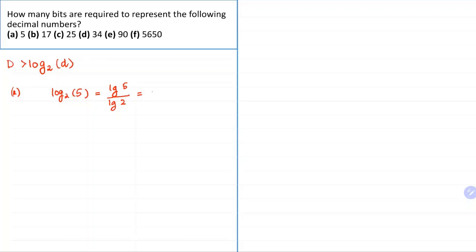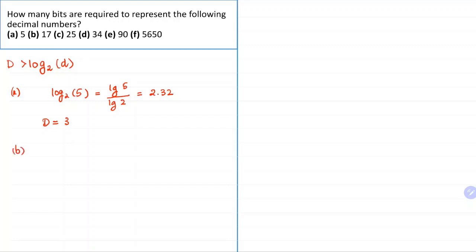So this gives us 2.32. Okay, so it has to be greater than 2.3 as a whole number, which means I use a D here, capital D, so it has to be 3. So it means that it has to have at least 3 bits to represent the number 5.